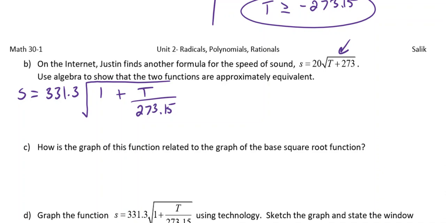Okay, so what I'm going to do, hopefully you guys are writing in pen too, is rewrite this 1. I'm actually going to combine this whole thing over 273.15. The way we add fractions is we put them over the same denominator, right? So why don't we write this 1 as 273.15 over 273.15.